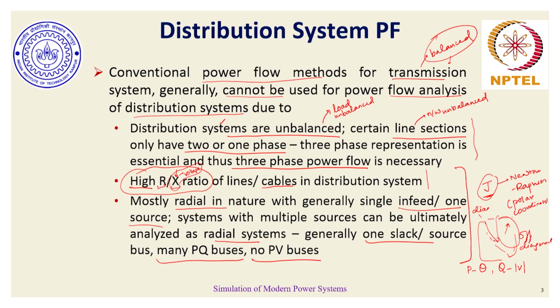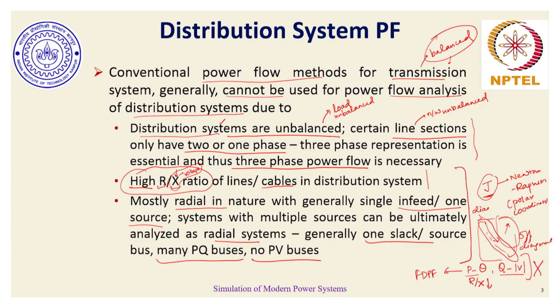This was because transmission systems have very low R by X ratio, as a result of which, if one were to see the Jacobian elements, the diagonal terms are very, very dominant compared to the off-diagonal terms, and hence this coupling holds true for transmission systems. This coupling is not at all applicable for distribution systems because of high R by X ratio and high radial nature. So the coupling behavior itself changes.